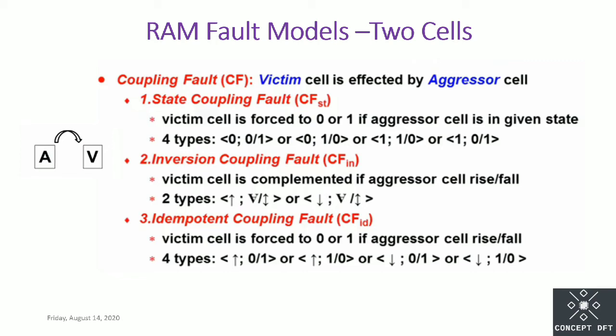Another one is if aggressor is rising, victim cell will change from 1 to 0. Third one is if aggressor is falling, then victim will change from 0 to 1. And last one is if aggressor is falling, then victim will change from 1 to 0. So this is about coupling fault and its types.